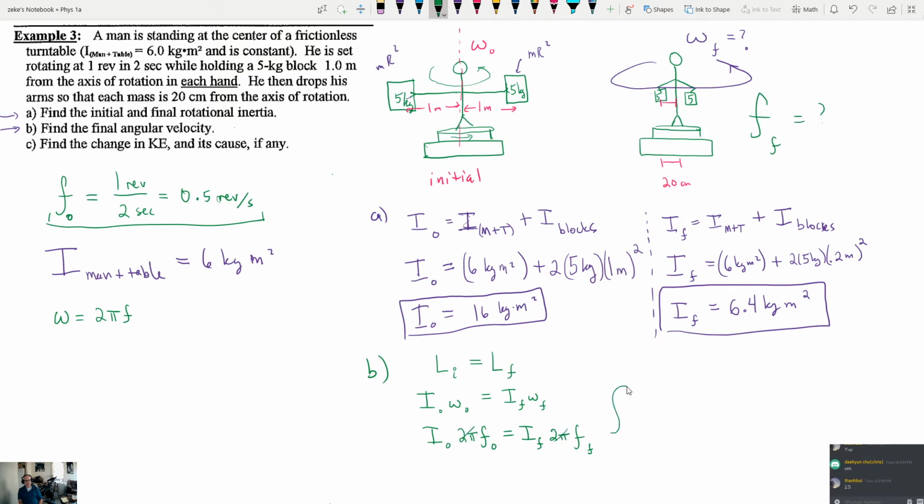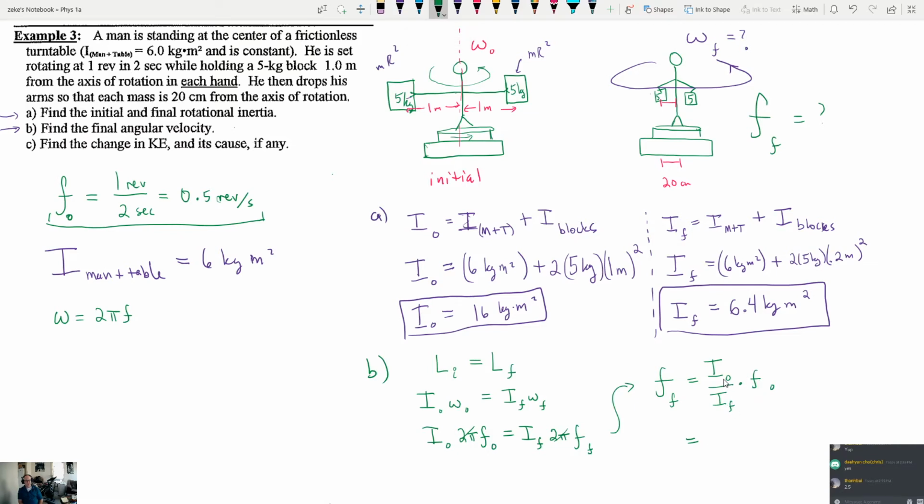So we end up getting that the final frequency is equal to I initial divided by I final multiplied by f initial. And since you said that this ratio ends up being 2.5, whoops, I made a mistake here, it should have been f initial, then our final frequency should be 2.5 times as fast.